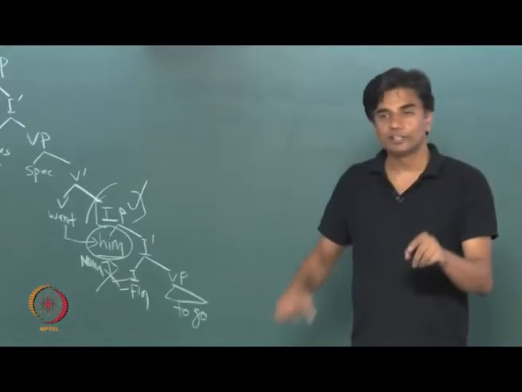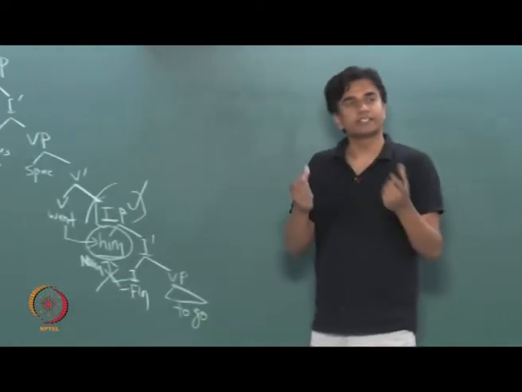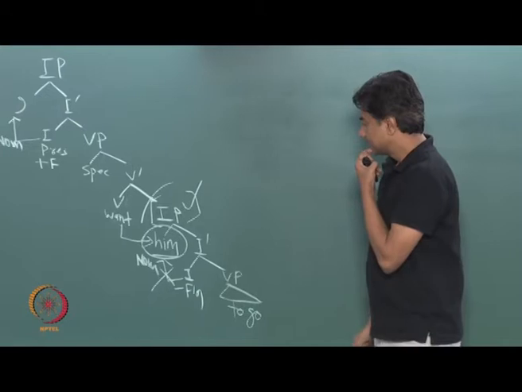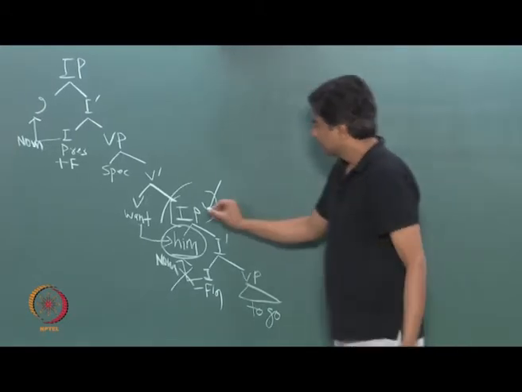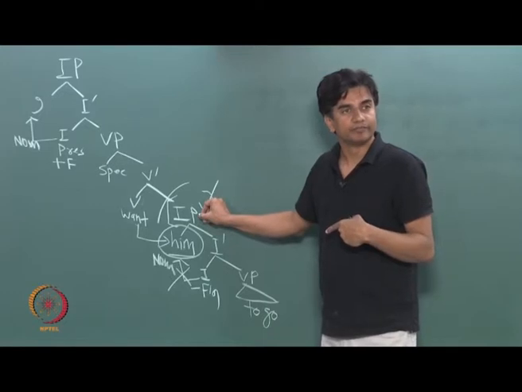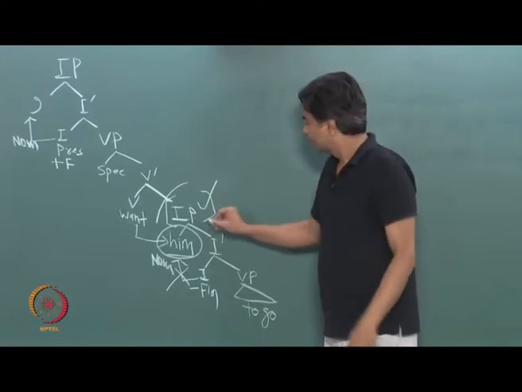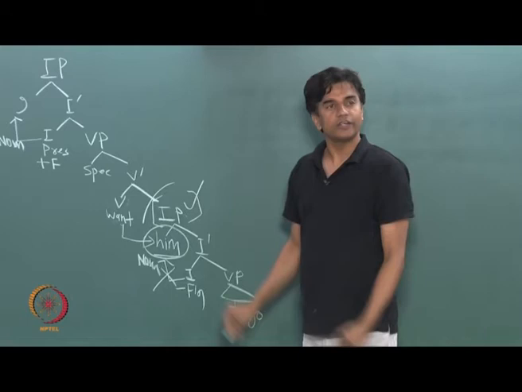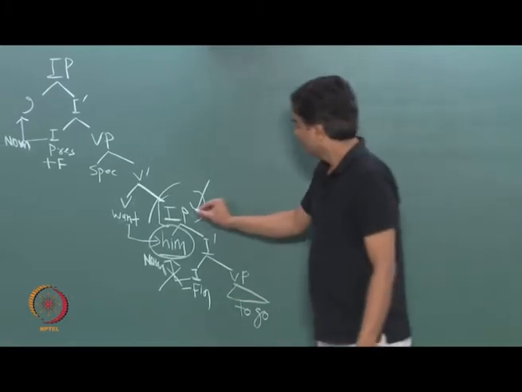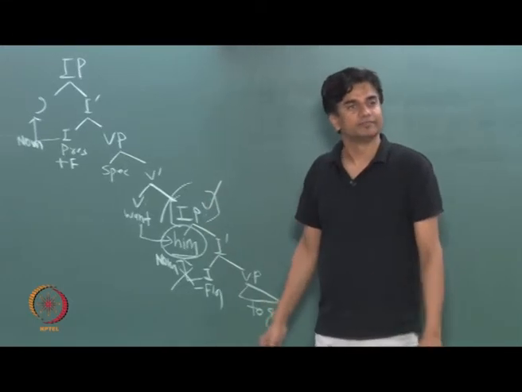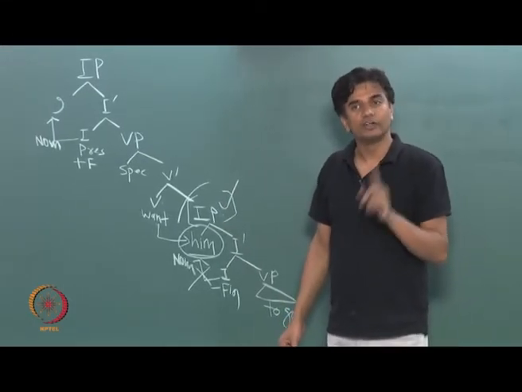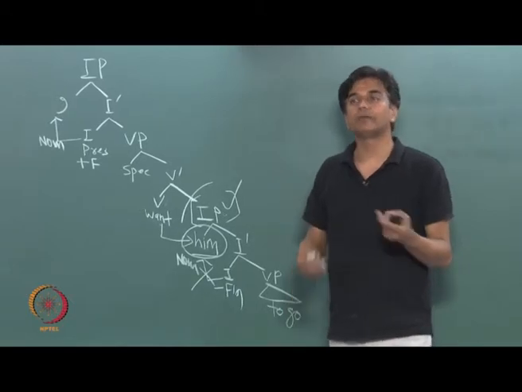So, some people suggested a couple more things. Because they knew this is a barrier, they said, look, there is one way to say that non-finite IPs, please pay attention to that, are probably not barriers.